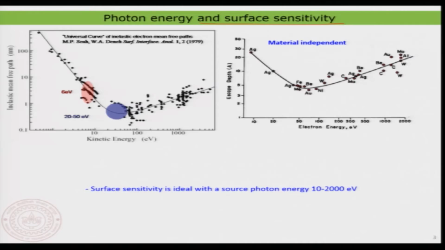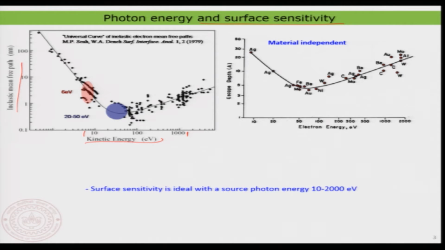The universal curve is something where you plot the kinetic energy of the electrons that are released from the material against the inelastic mean free path of the electron within the material. The interesting thing is, if the kinetic energy of the electron is in the range of 10 to 1000 electron volt, then the electrons just do not move a long path.